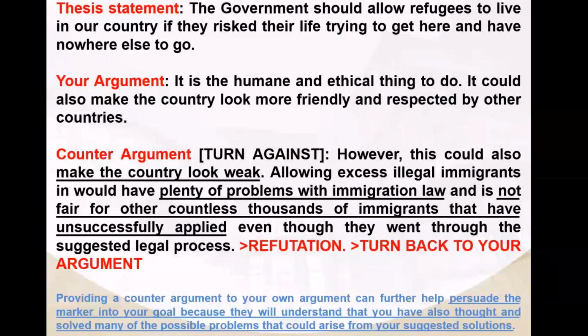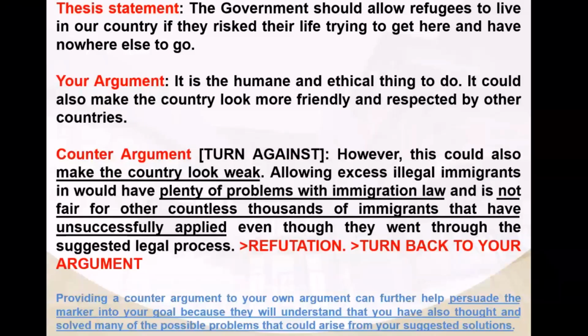And then you now turn against that argument. And then you say, however, critics of this argument, such as Martin 2015 and Mtimkulu 2024, argue or state that this could also make the country look weak.